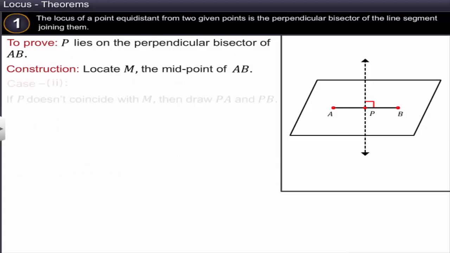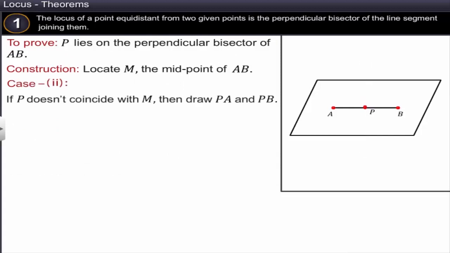The second case is when P doesn't coincide with M. If P does not coincide with M, then draw PA and PB. In this case, let's suppose that point P lies on a line, say L. Now, we need to prove that PM is perpendicular to AB.